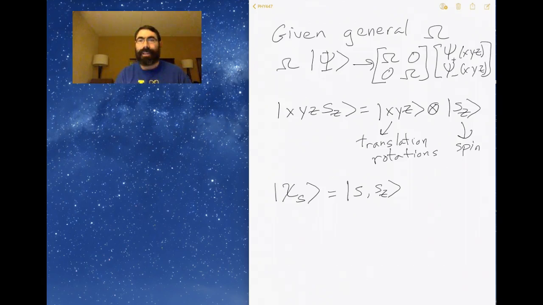We just need to label the state with a total amount of spin and a projection of that spin, which we can rewrite as the total spin and then a quantum number m sub s times h bar. That's the eigenvalue of it. So I can rewrite this then as h bar, s, m sub s.